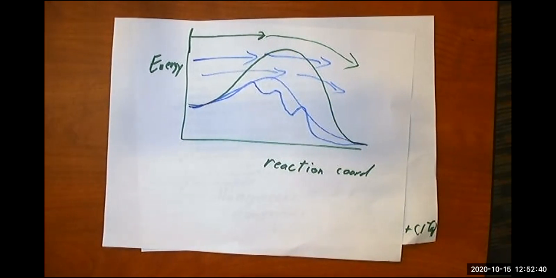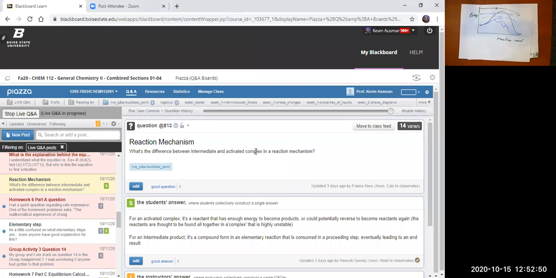And so the distinction that's being made in the question, what's the difference between an intermediate and an activated complex? The activated complex is in a specific single step, and it is the configuration it passes through very, very briefly on its way to products.